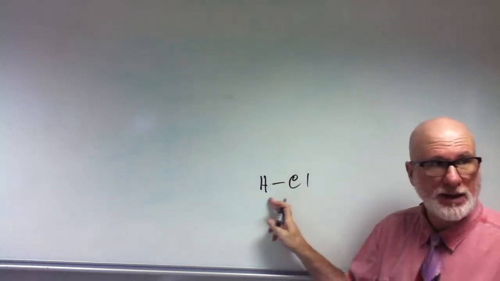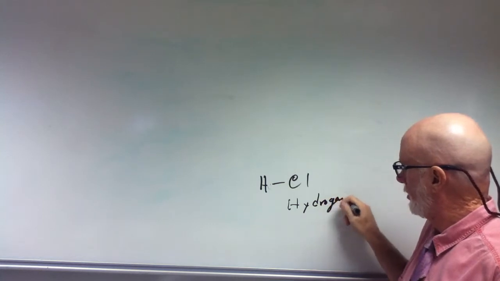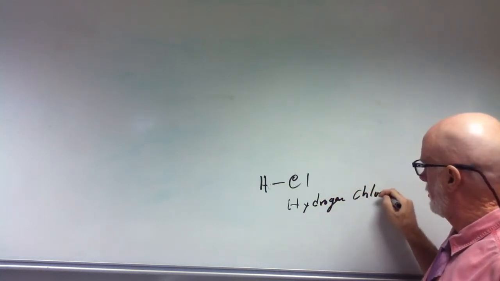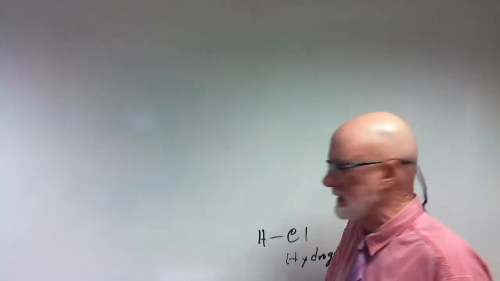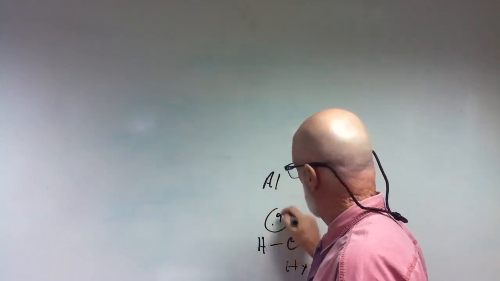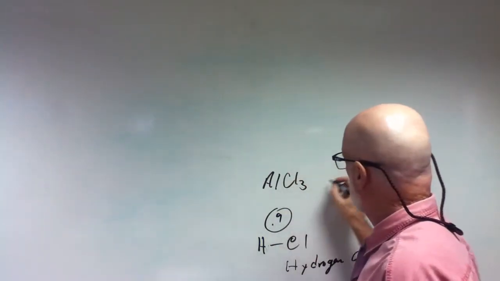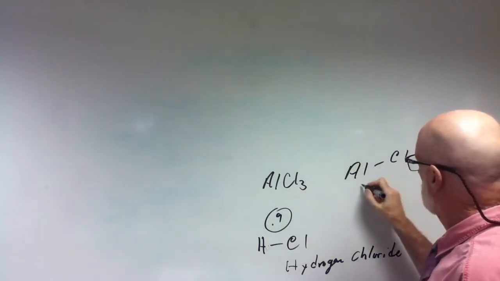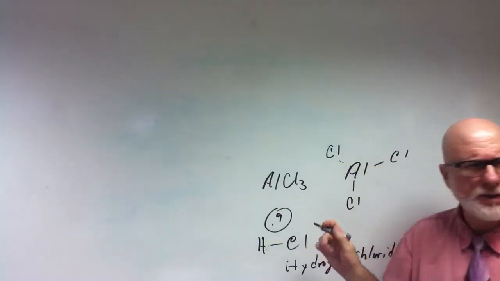What's my point here? My point is this. Hydrogen chloride, that's covalent. I know that that's covalent. That's called hydrogen chloride. And what I was about to say with aluminum chloride, this is going to be a difference of 0.9, yes? What is this going to be?